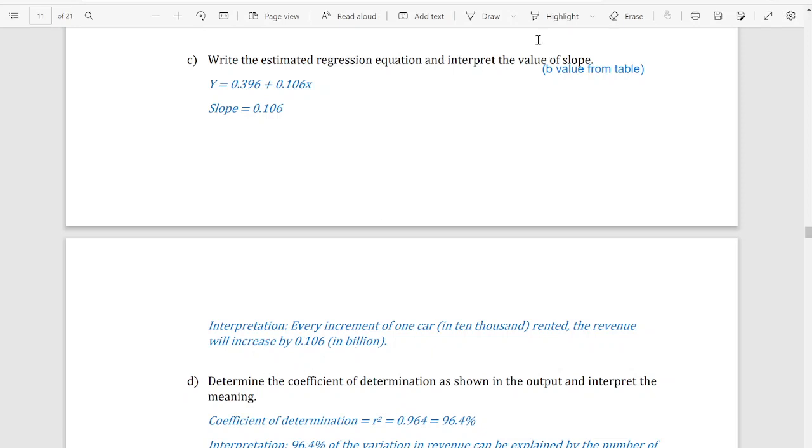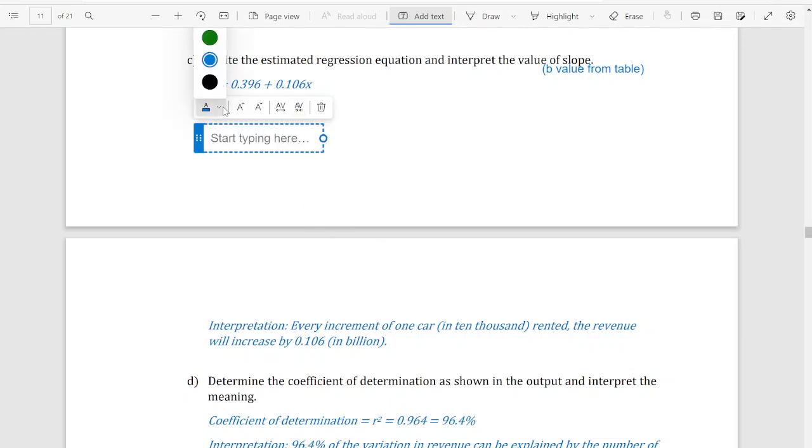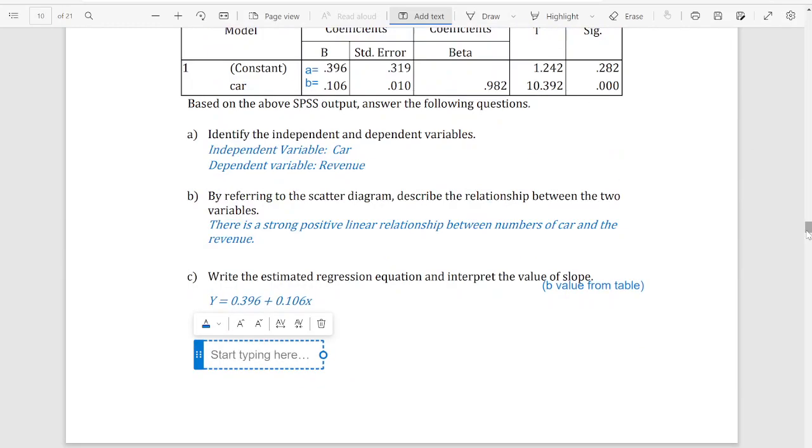So in general macam mana kita tulis? Saya tuliskan secara general macam mana you nak interpret nilai slope. Let me give you the general form of the interpretation.